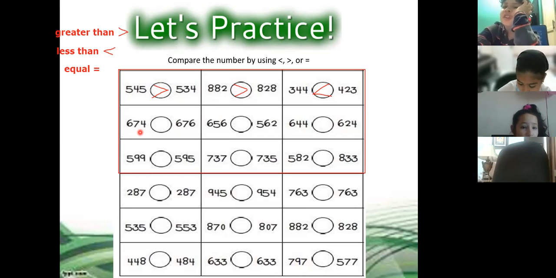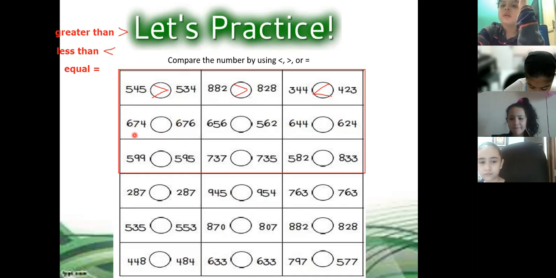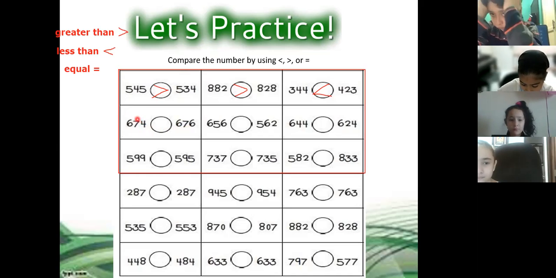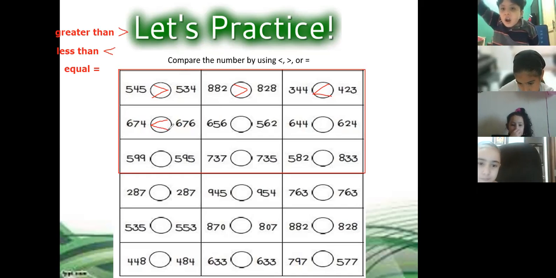Greater, okay, let's check this. Now, we have 6, it's equal than 6, right? The 600. No, sorry, less than. It's less, that's right. 7, it's equal than 7, but 4 is less than 6. So it means that 674 is less, that's right, Mia, excellent. We write less than 676.